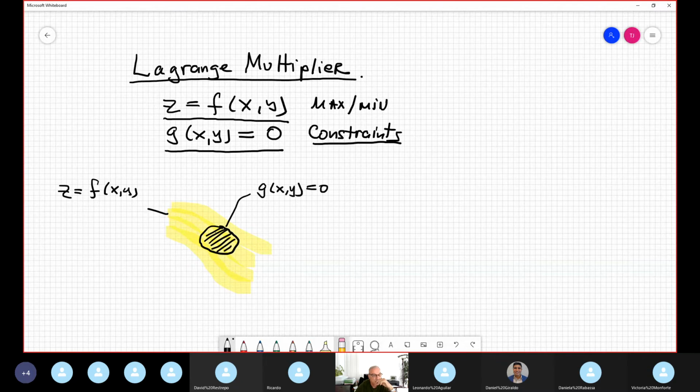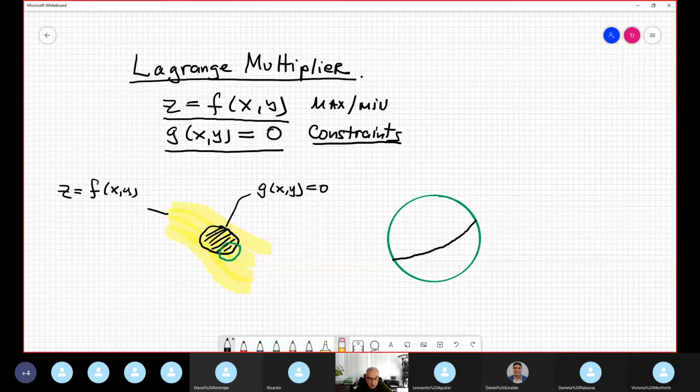Okay. Let me zoom to see one piece of this more clearly. Suppose I zoom in using green color, one piece of this. In this zoom, you see something like that. This is one piece of the curve.